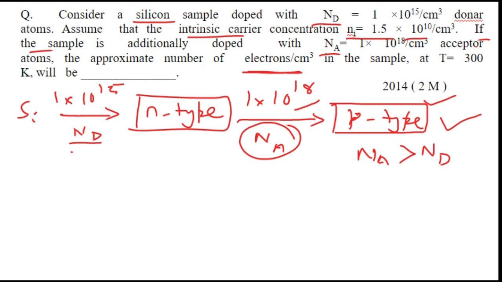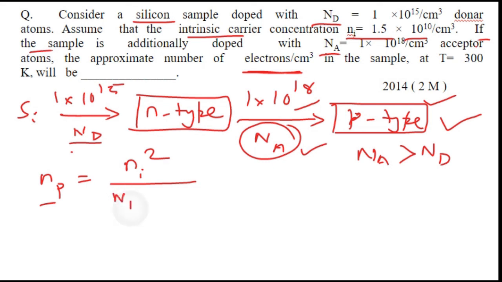So how will we calculate it? Here your Np, the electron concentration in the p-type, will be Ni square divided by which impurity? It will be equal to the subtracted form Na minus Nd, because Na is more here.